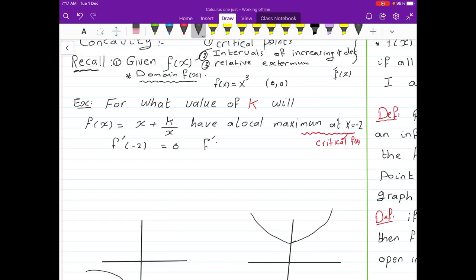Now, f prime of x equals, differentiating this function, 1 minus k over x squared, where k is a constant. Then f prime of -2 equals 0, substitute -2 instead of x. So we get 1 minus k over 4 equal 0. So 1 equals k over 4, so k equals 4.